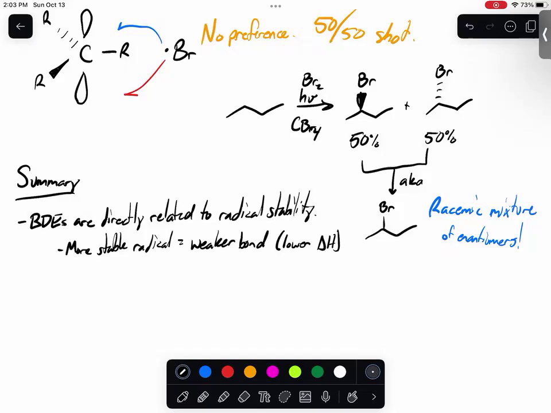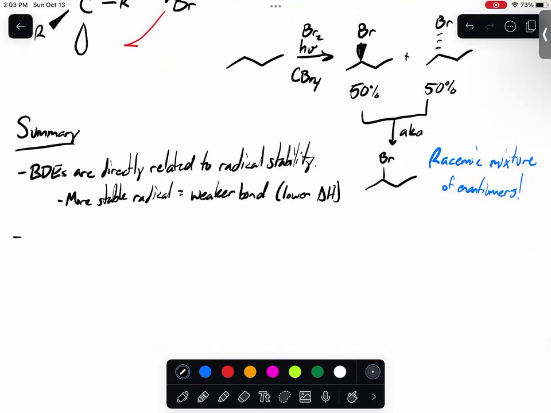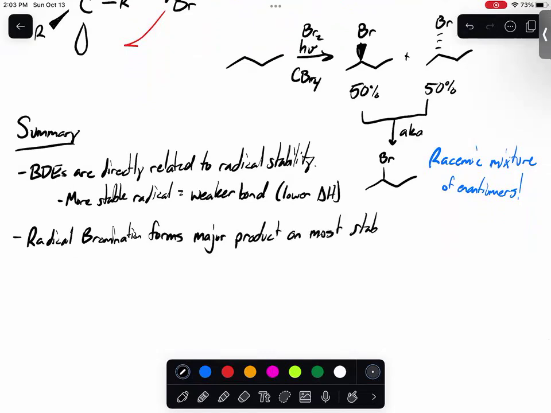Also, radical halogenation, specifically radical bromination, will always form the product with the most stable radical position. All right, so it forms the major product. With that being said, we know that radical chlorination doesn't always.